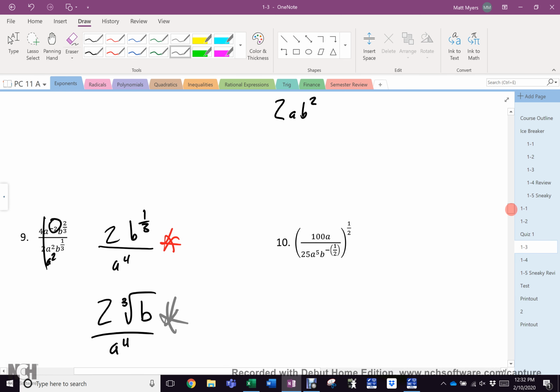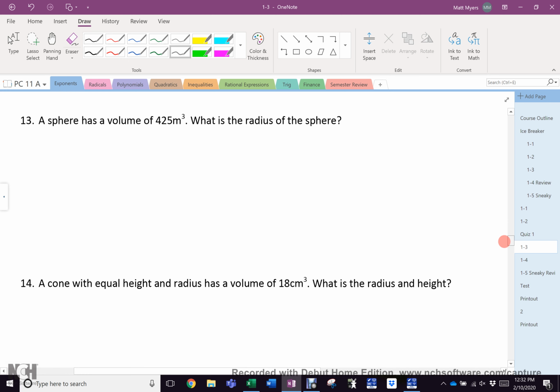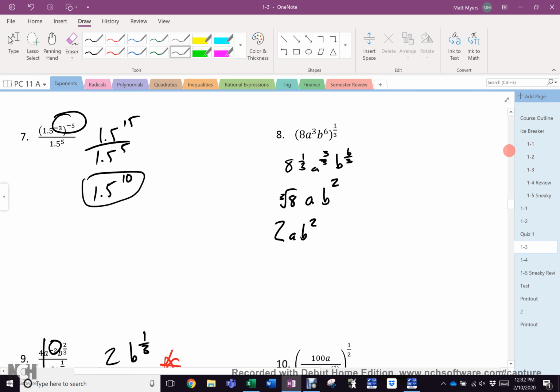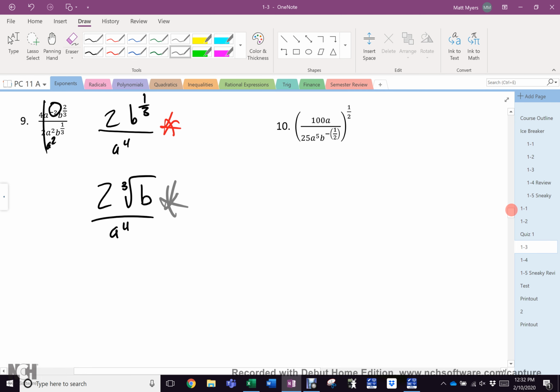Number 10 is super hard. Especially if you try to attack it right away. What is one thing you could do first with number 10? Simplify inside.